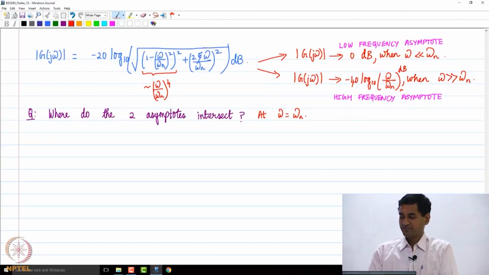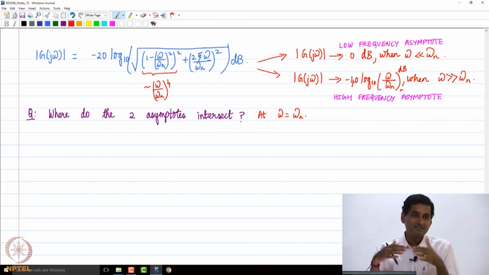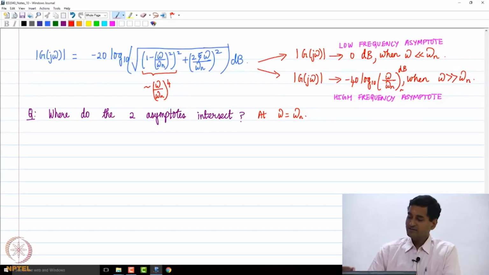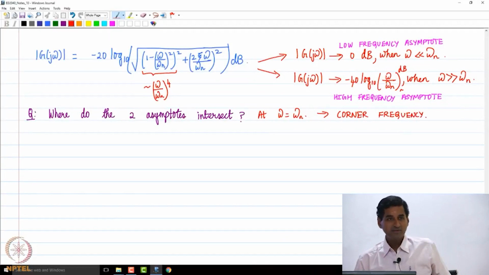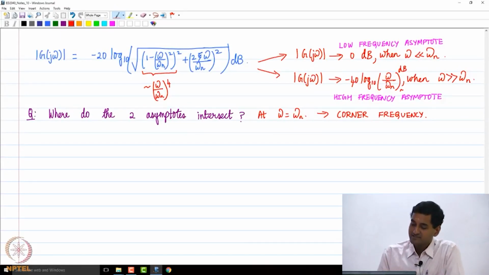Because when you substitute omega equals omega n in the high frequency asymptote, you get 0 decibels, right? So essentially the 0 decibel line is the low frequency asymptote. So the two asymptotes intersect at omega equals omega n. Consequently omega equals omega n is the corner frequency for this particular factor, the second order term. The natural frequency is the corner frequency, because that's the frequency at which the two asymptotes intersect, right?